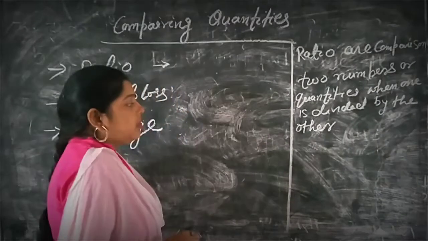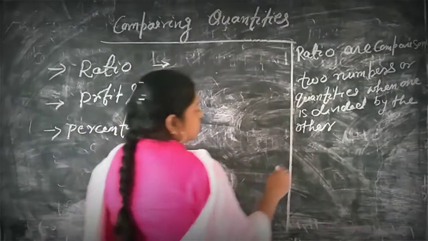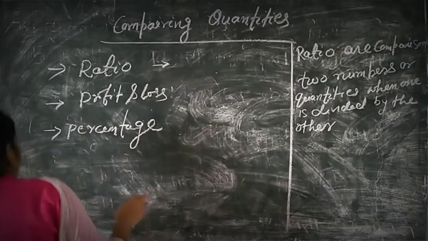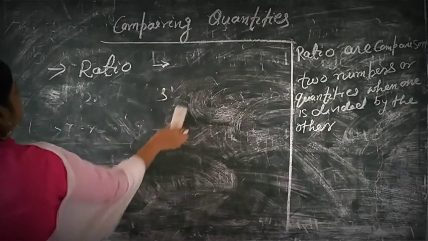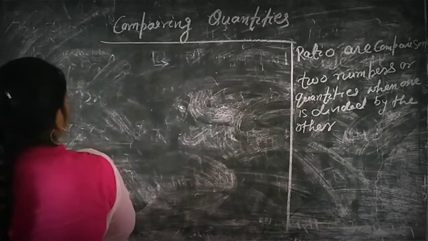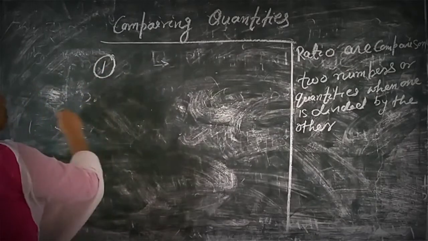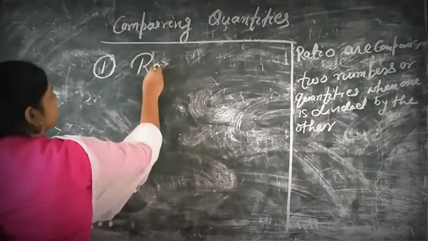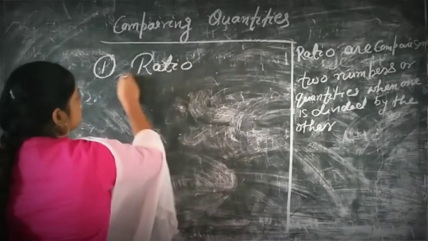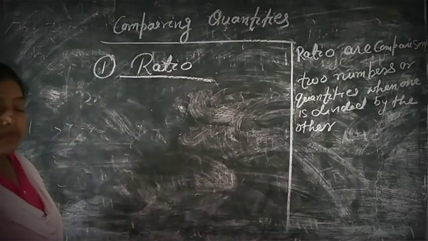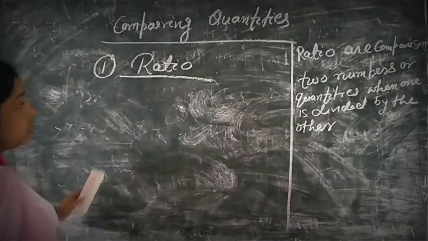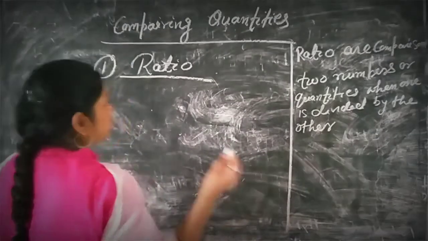For example, write. So in comparing quantities, the first case is ratio. What is the definition of the ratio? Ratio is the comparison of two numbers.